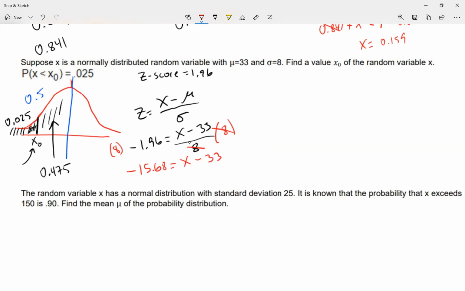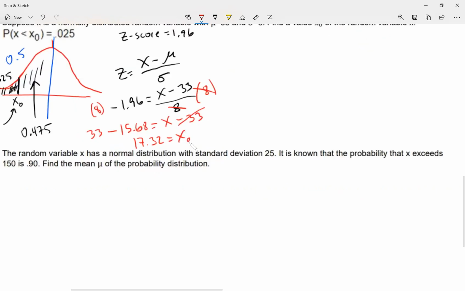Now to get the X by itself, let me move this minus 33 as a positive 33 here. So I have 33 minus 15.68. According to my calculator, that is 17.32. That's X. Or how the question was calling it, x0. So there. My X value is 17.32.